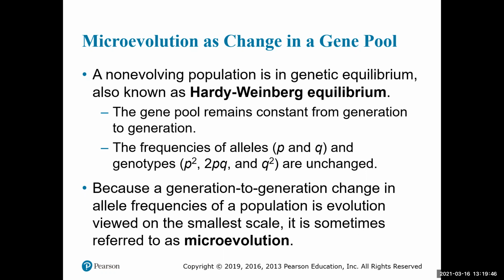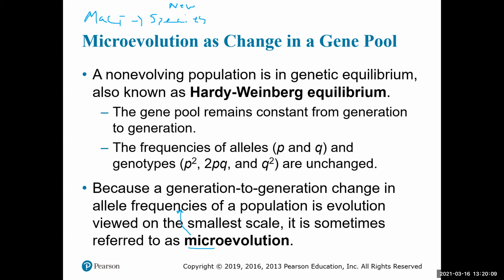Macro is speciation, so new species. Macro is basically new species, whereas micro is change in the allele frequencies.